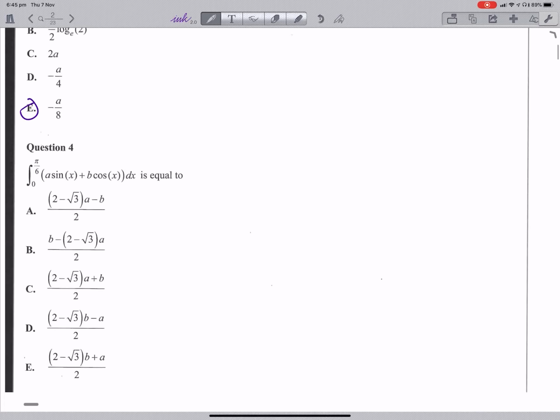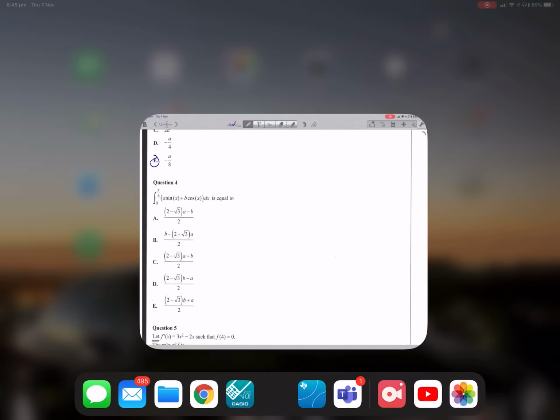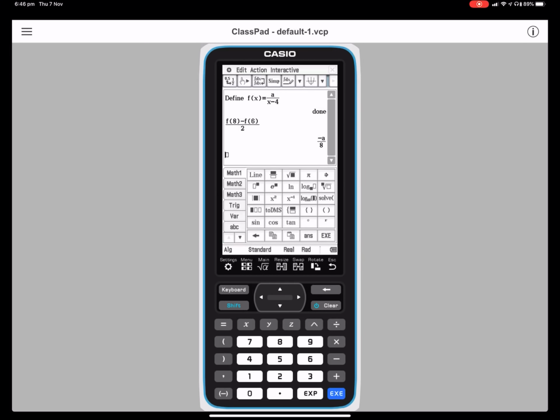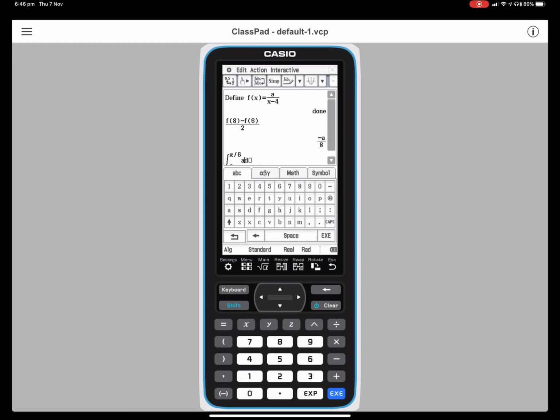It is E. The integral from 0 to pi on 6 of a sine x plus b cos x dx.